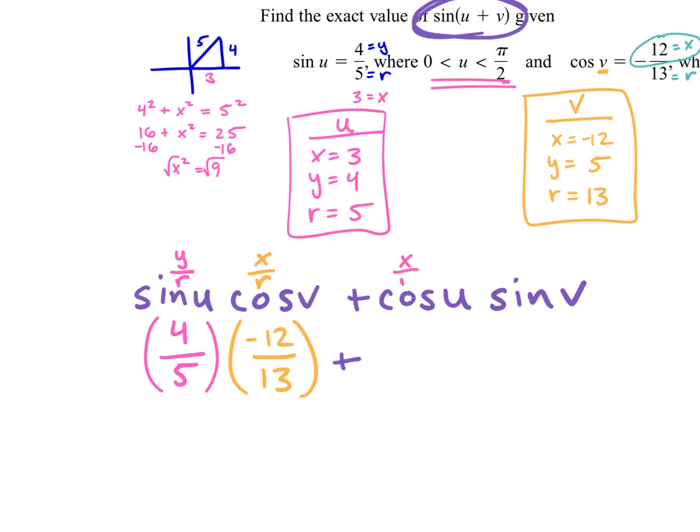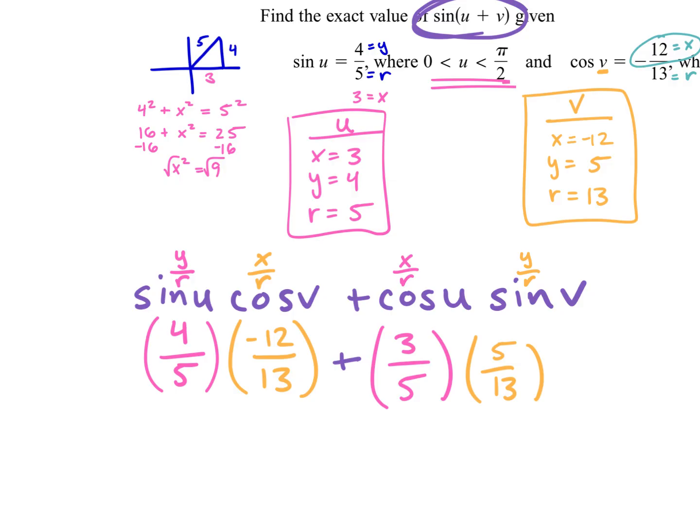Cosine is x over r, so that would be 3 over 5, perfect. And then sine of v, we're going back to the v triangle. Sine is y over r, so 5 over 13.